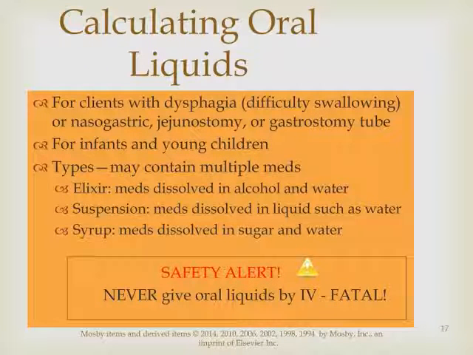So let's recap a little bit about oral medications. For a client that has difficulty swallowing, or one that has a nasal gastric tube, or a tube that goes into the jejunum or the stomach as a gastroscopy tube, or for infants or young children, they then would be ordered either elixirs, which tend to be stronger, medications that are dissolved in alcohol and water, a suspension, which is dissolved in water, comes in a powder, you add water, you shake it up, or a syrup, which is something that is dissolved in syrup and water, sugar and water.